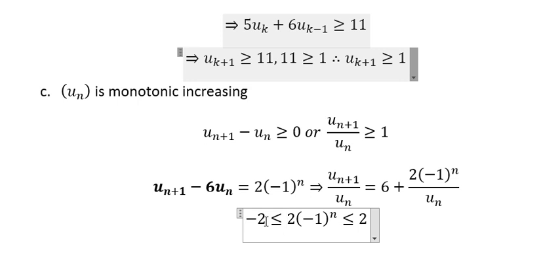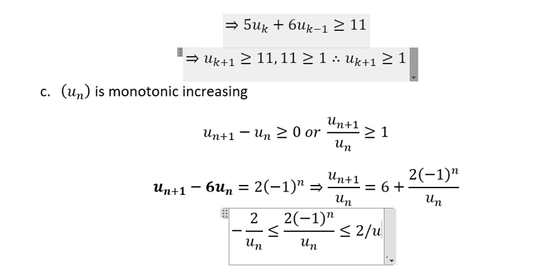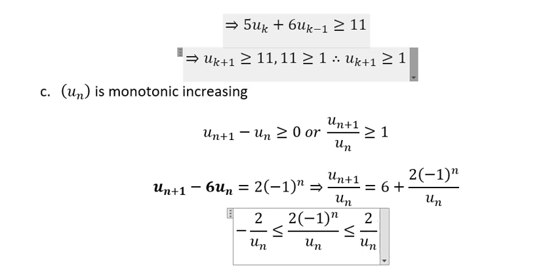So if I divide all through by Un, this is what I have. Now we are going to add 6 on all the sides.